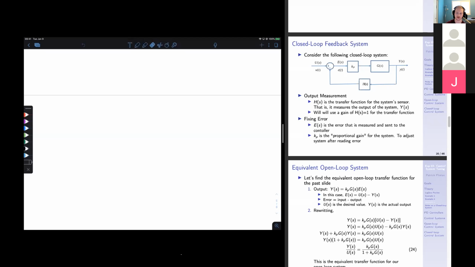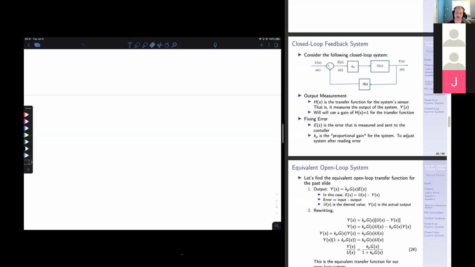In this case, it's called a proportional controller, and that's just going to apply some proportional gain to the system to try to make it better. We'll talk about different types of controllers in this lecture. There's a proportional controller, which is what we have here, a proportional derivative controller, which is a PD controller, and a PID controller, which is proportional integral derivative.